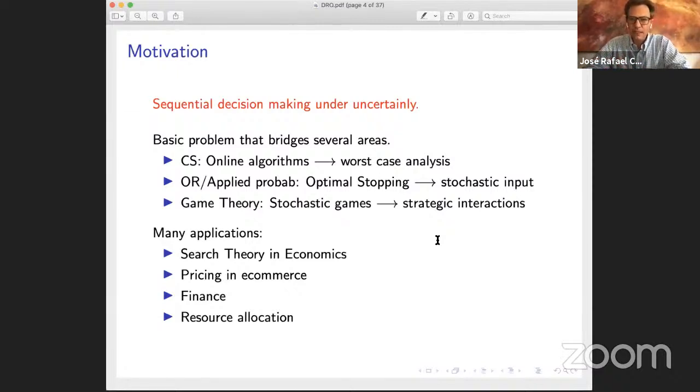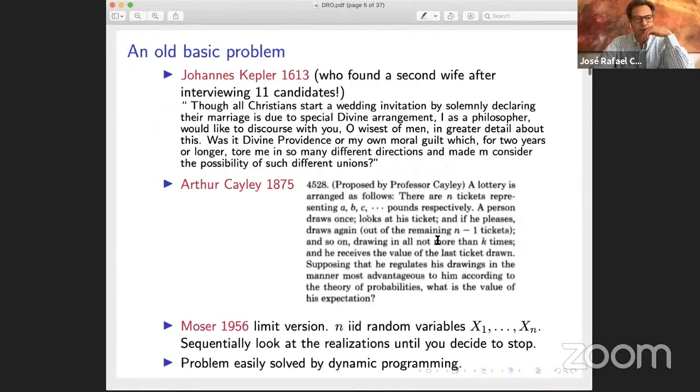These problems have several applications in economics, finance, in pricing American options, for instance, in search theory in economics, in resource allocation, in e-commerce for posted price mechanisms, etc. I'm not going to get into the many applications and settings, because in the end I will talk about a very simple problem. The applications typically have more ingredients.